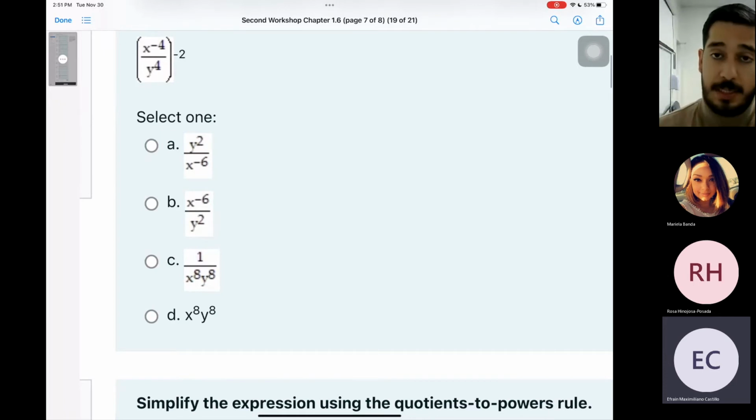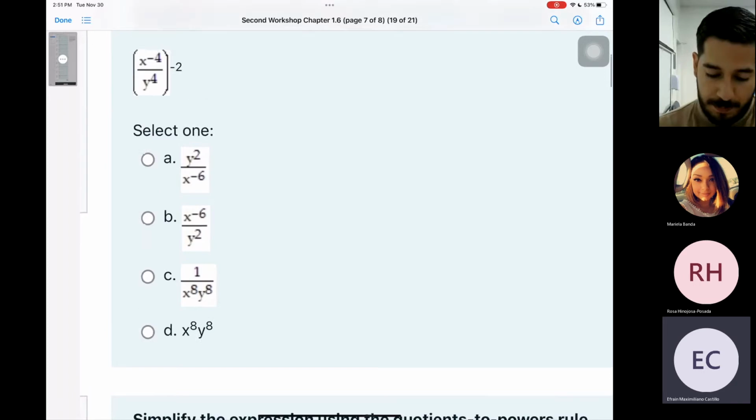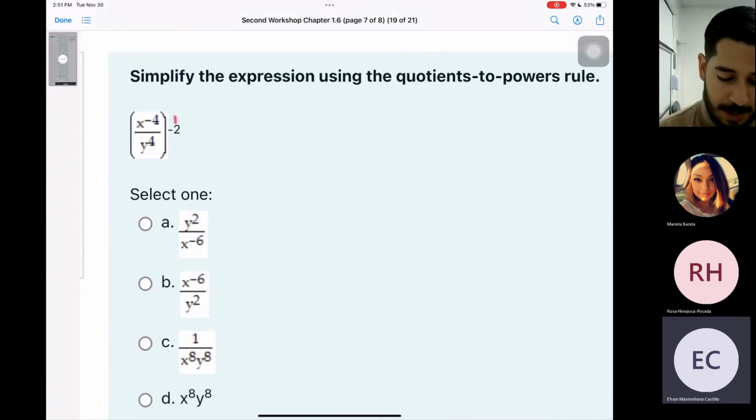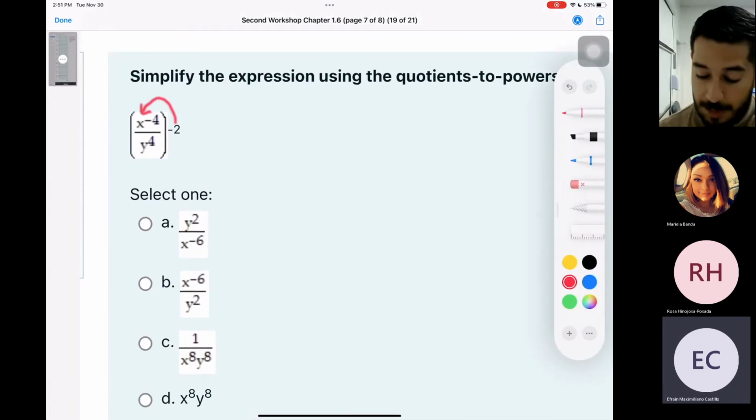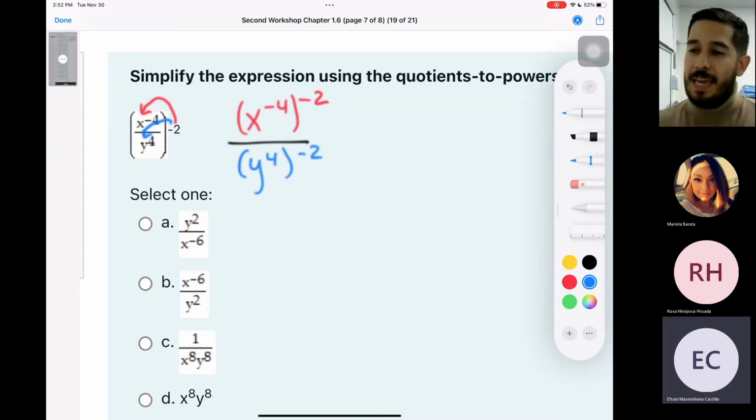So in this new rule, the quotient rule, this exponent has to go to the x that already has an exponent, so be it. And it's also going to go to the y that I have in the bottom of the fraction that already has an exponent. It doesn't matter. Give it an extra exponent. It's the same as the previous rule, but you give it to the top and then you give it to the bottom of the fraction equally.